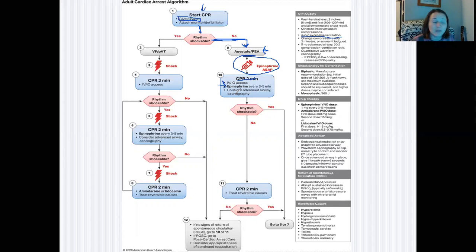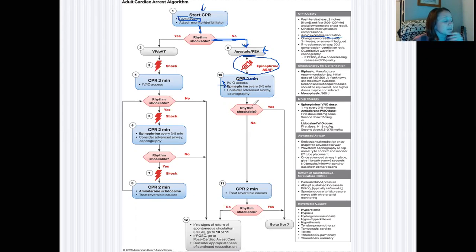Now if we identify asystole or PEA, we're going to start CPR and we're going to get that epi in ASAP. That is the big change: if you've got asystole or PEA, you don't do CPR for 2 minutes before you give epi. You immediately give the epi. But again, CPR first, and then while you're doing CPR, get that epinephrine in.